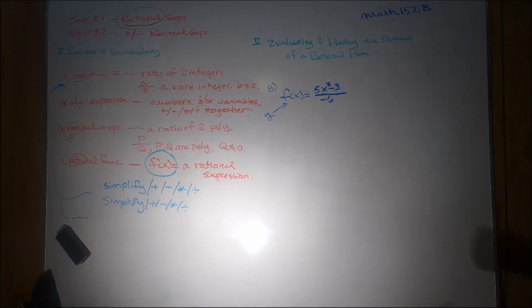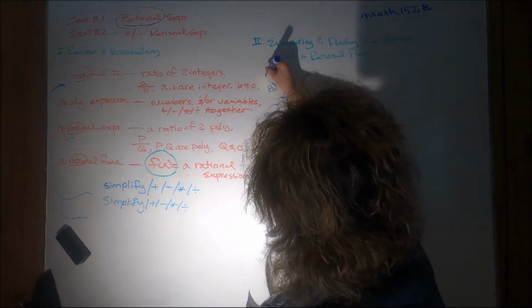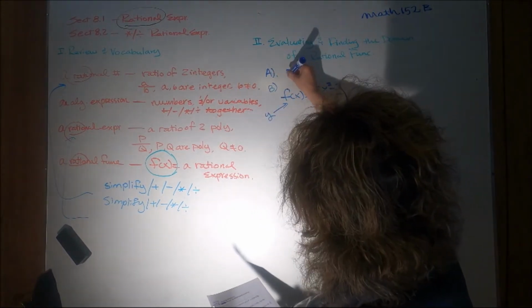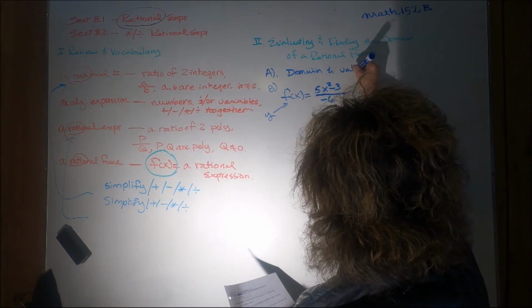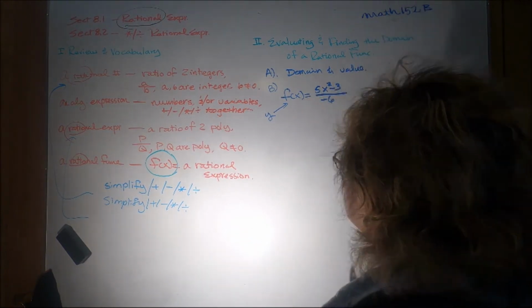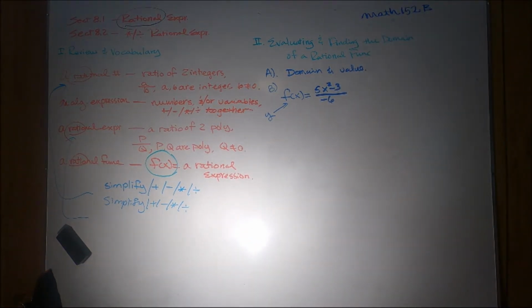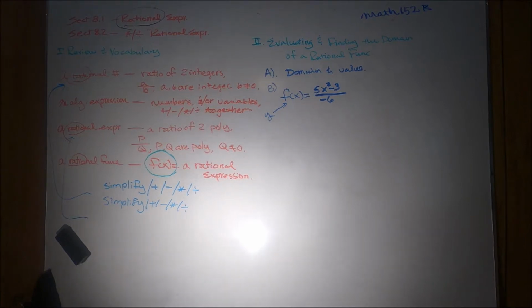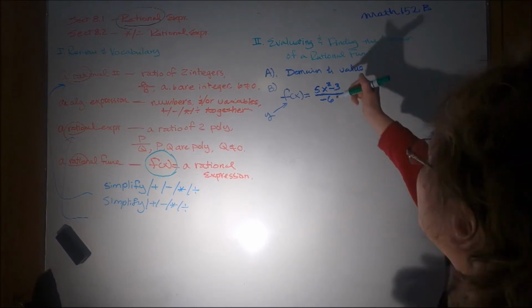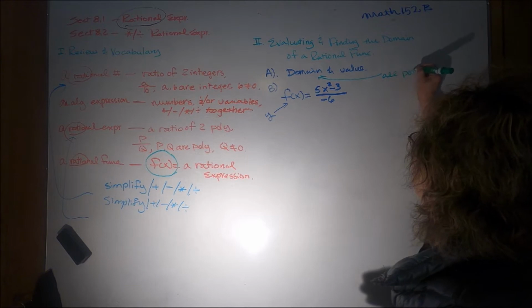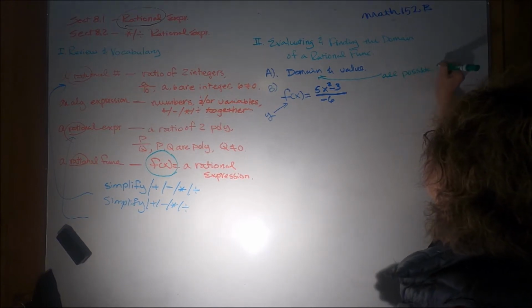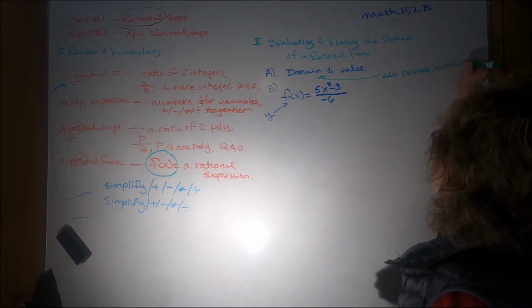Then we are going to talk about domain and value. In general, for a function, we talk about domain and value. Domain we talked about in your 152A class before. So domain is what? All possible x values.